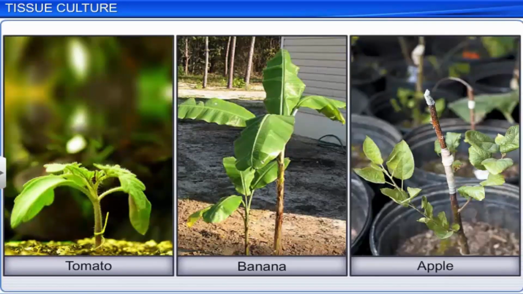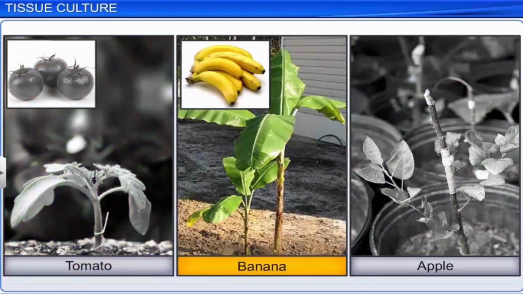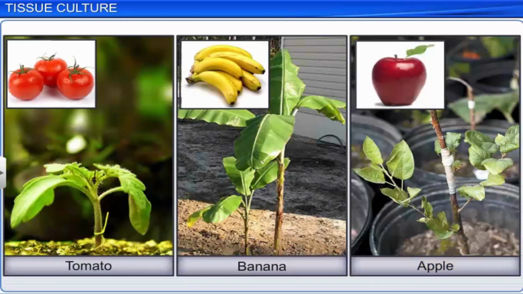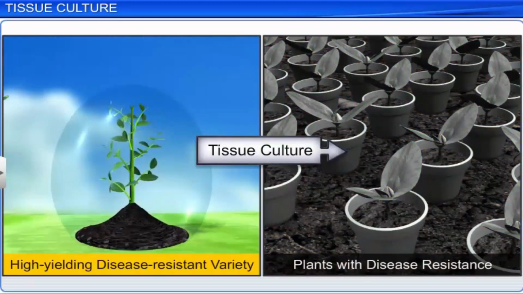Micropropagation or tissue culture is employed in the large-scale production of tomato, banana, and apple. This technique can also be used to propagate high-yielding, disease-resistant varieties in a short span.